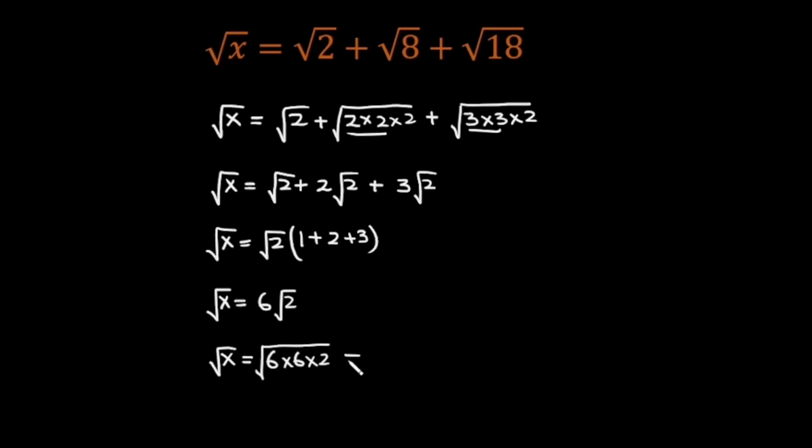So this implies that √x equals √(6 times 6, 36 times 2 is 72). So taking the square on both sides, this is further equal to x equal to 72.